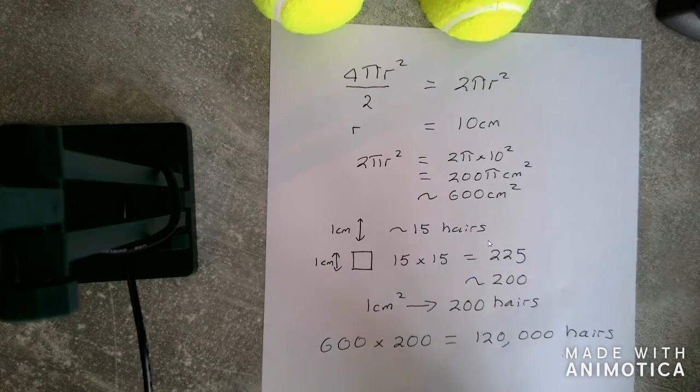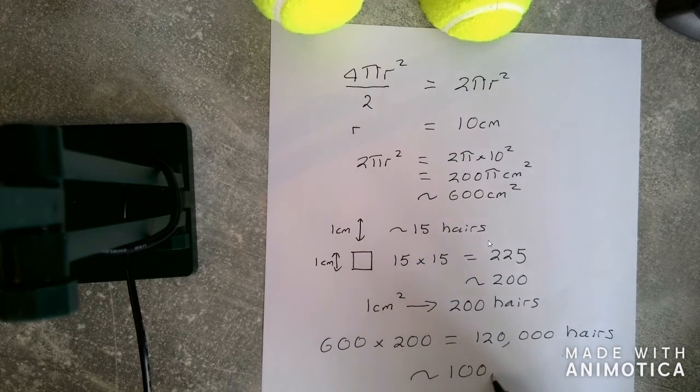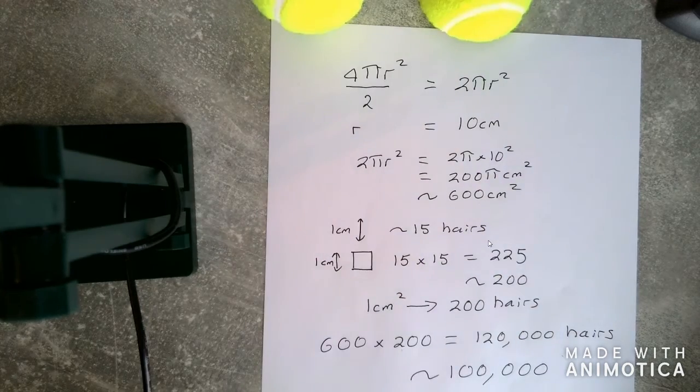And if you look on Google, and I've looked on various sites, they say that the number of hairs on the human head is about 100,000.